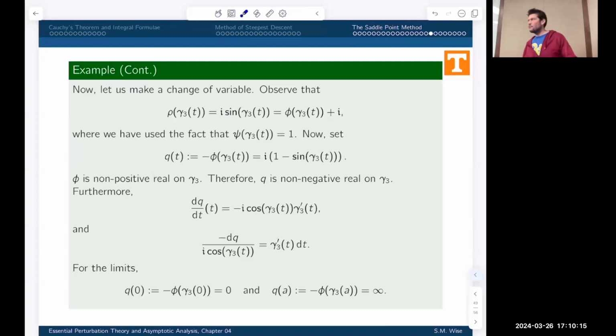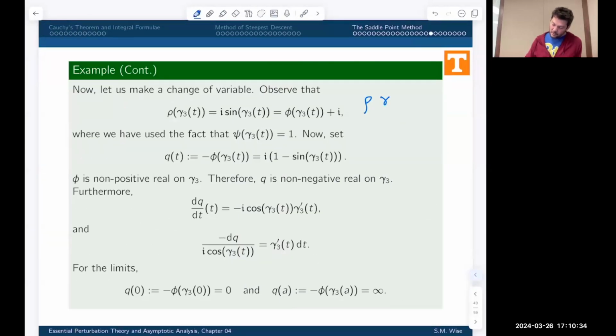Now we're going to make a change of variable, which is basically analogous to the change of variable we made in the steepest descent case. And we observe something, namely that along gamma 3, I know something.